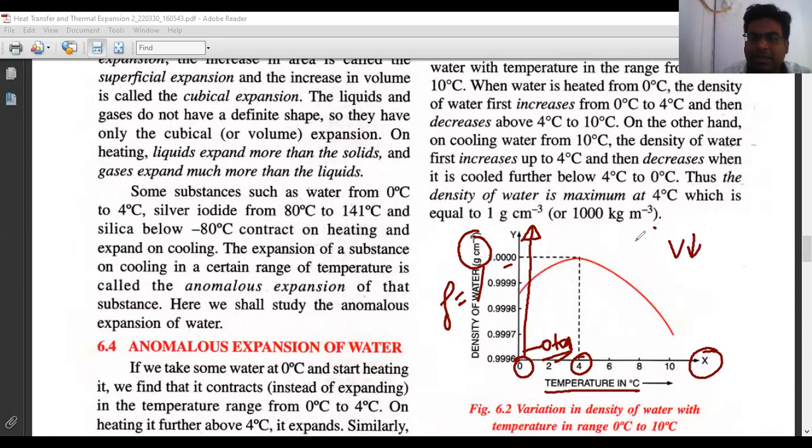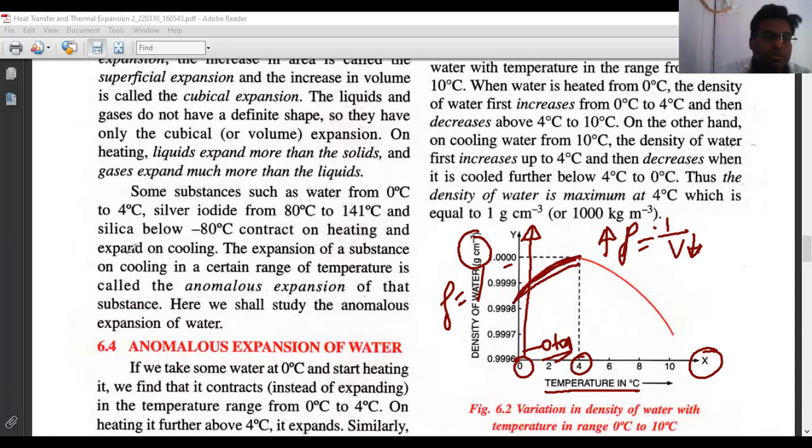As we know, density is inversely proportional to volume. So when volume is decreasing, density is increasing. So you can see this graph is increasing for 0 to 4 degrees Celsius because density is increasing.